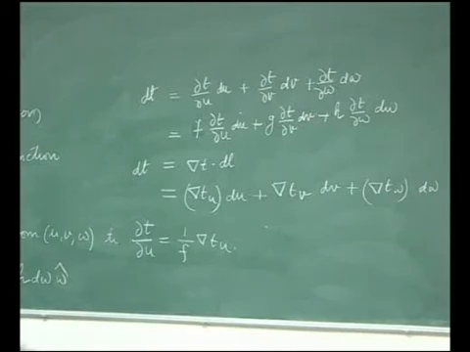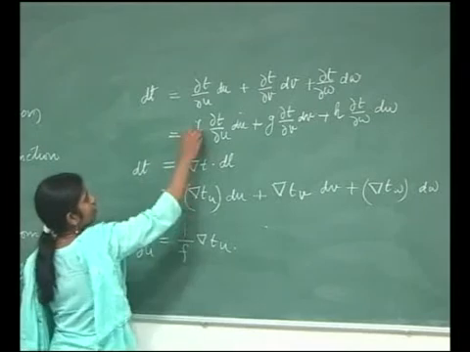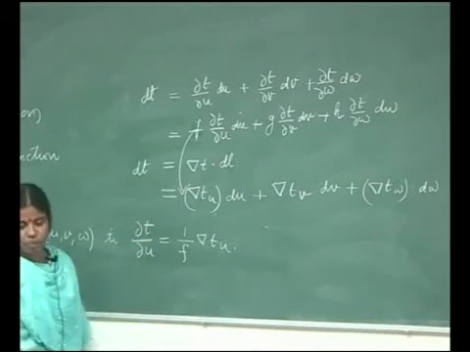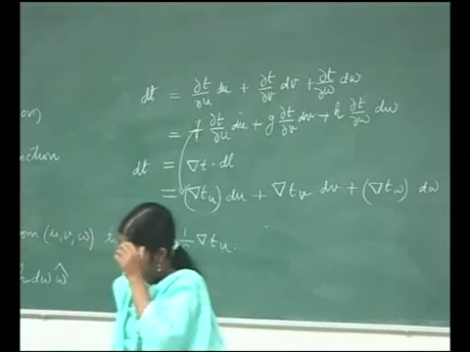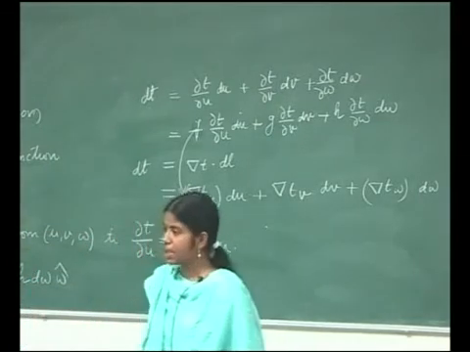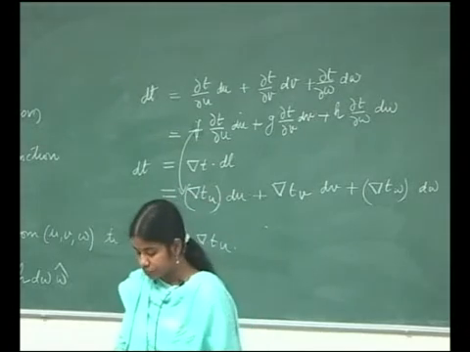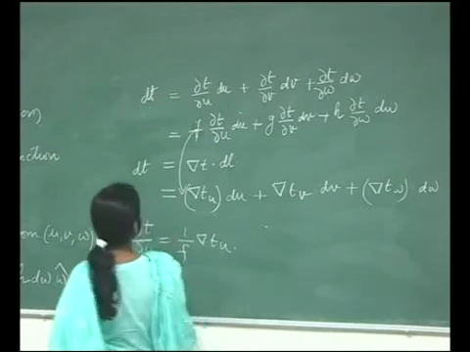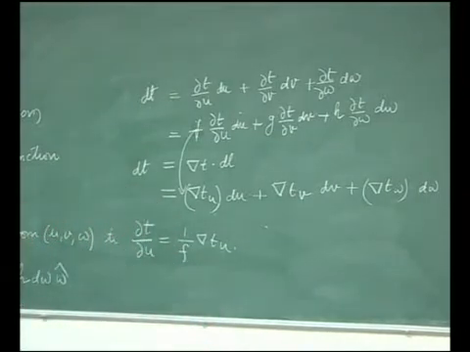If I compare this and this, you get it? So in the same way we can calculate for all the components. Tell me, write down for all the components del t by del v and del t by del w.